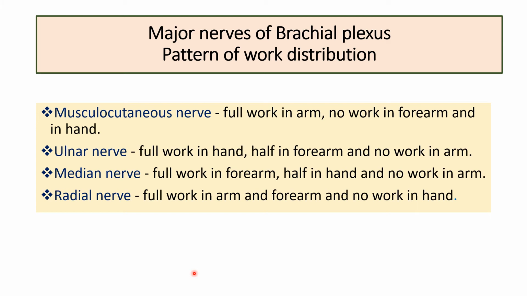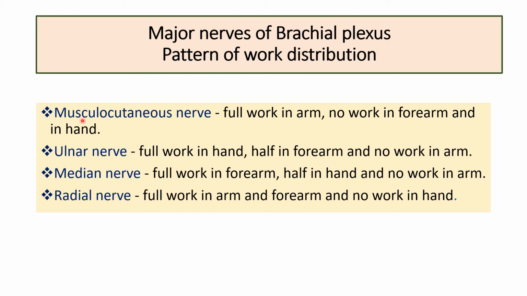Here we are considering which nerve is doing full work, half work and no work in these 3 regions of the limb, that is the arm, forearm and hand. Now let us see the wording for each of these nerves regarding their work distribution, and in the subsequent slides we can explain this distribution.